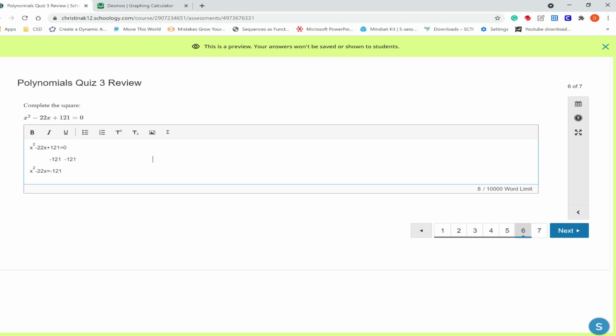So now we want to do b squared, which is negative 22 divided by 2 squared, and that's going to give me 11, or negative 11 squared, which will give me 121.